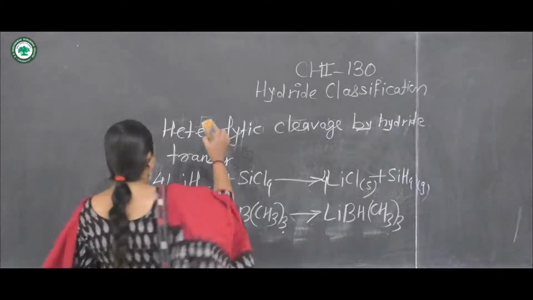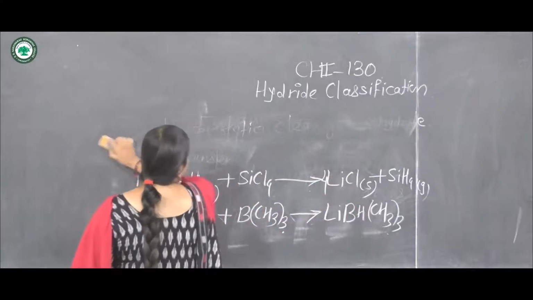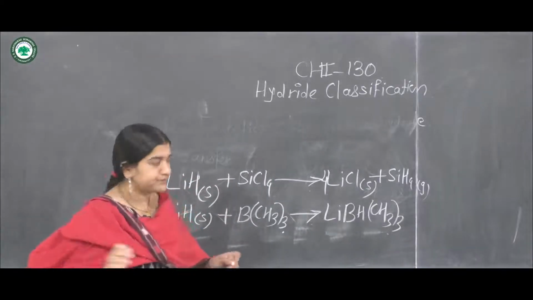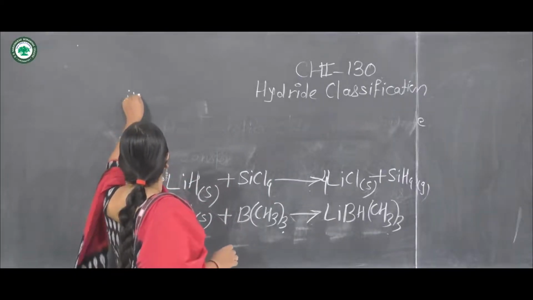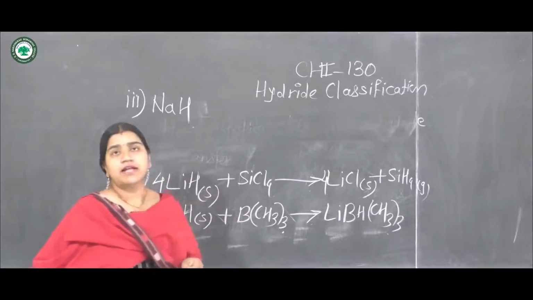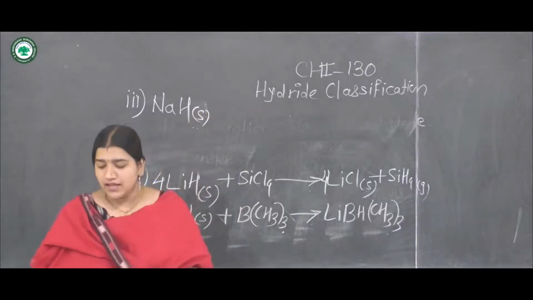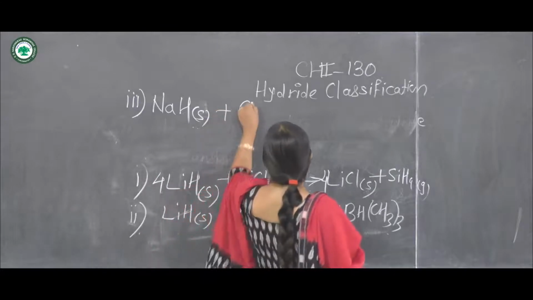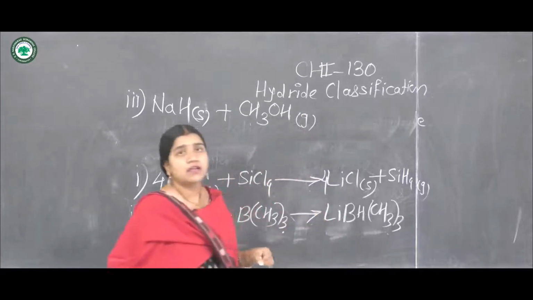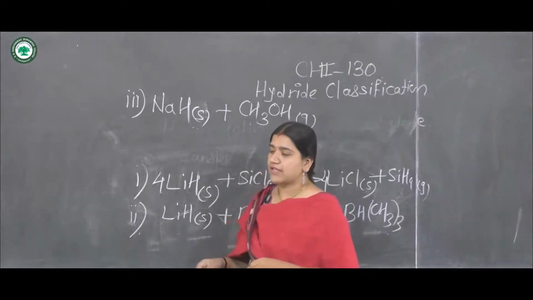For that purpose, if you take sodium hydride, that is NaH, this NaH solid plus CH3OH, on reaction, will form NaOCH3 plus H2.